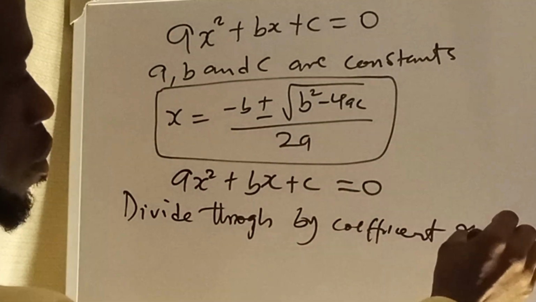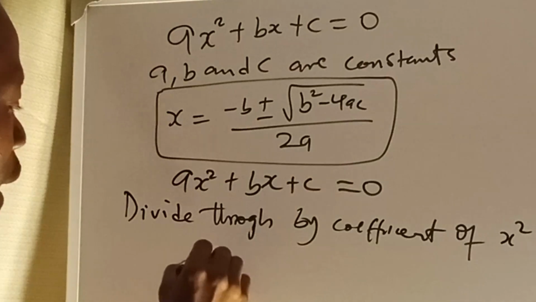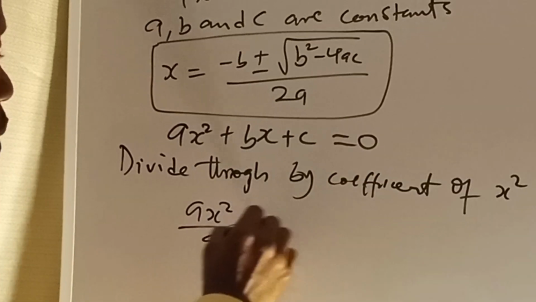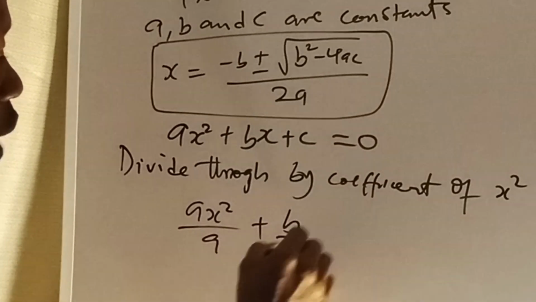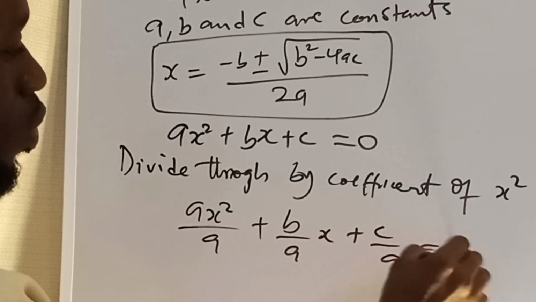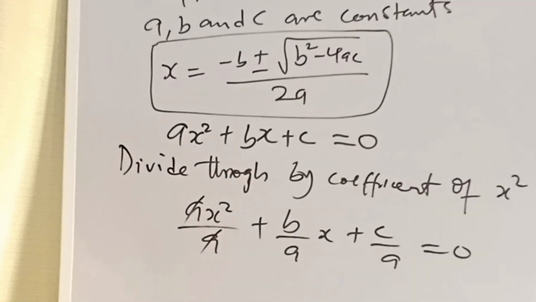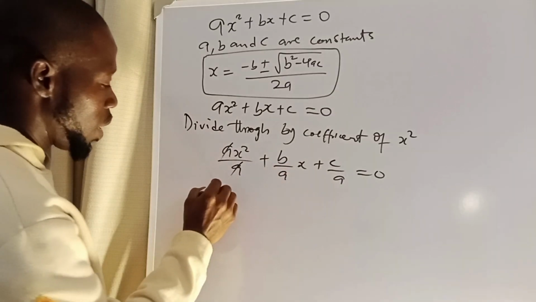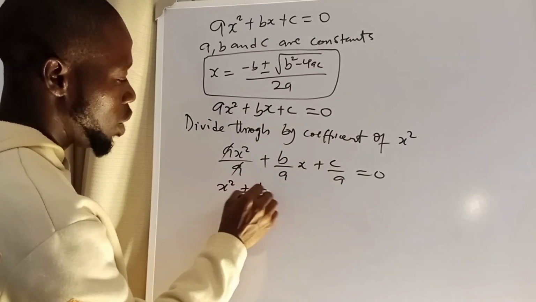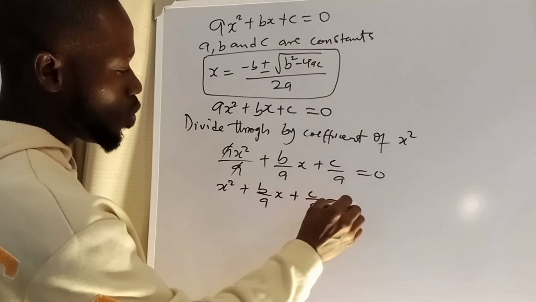So when you're dividing through, you are going to have ax squared over a plus b over a x plus c over a is equals to 0. So you are dividing through by a. So a takes a away here, right? That's the first step. You are having x squared plus b over ax plus c over a is equals to 0.